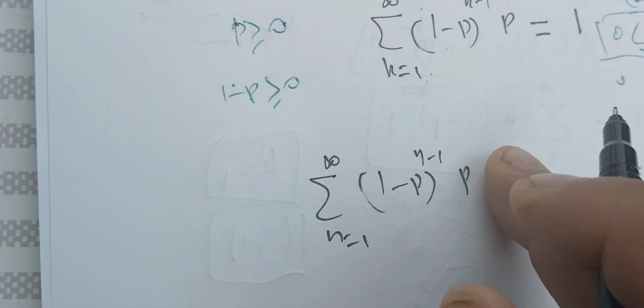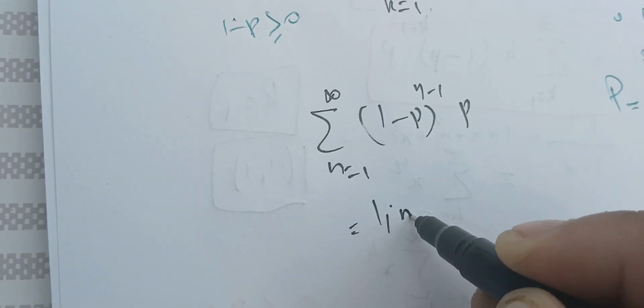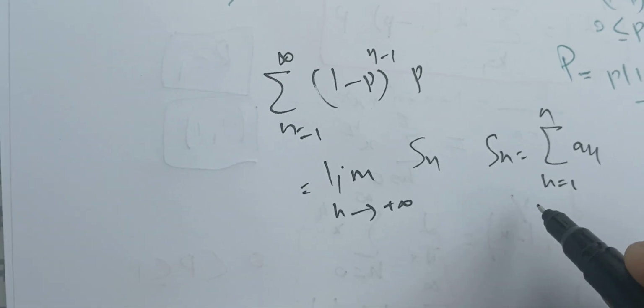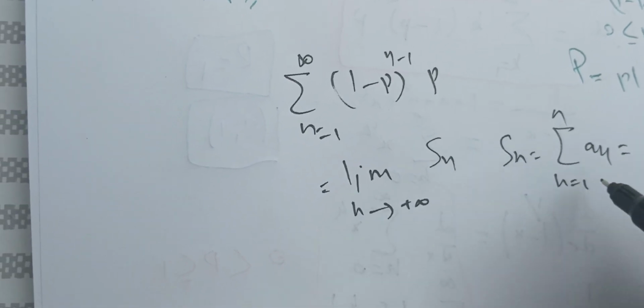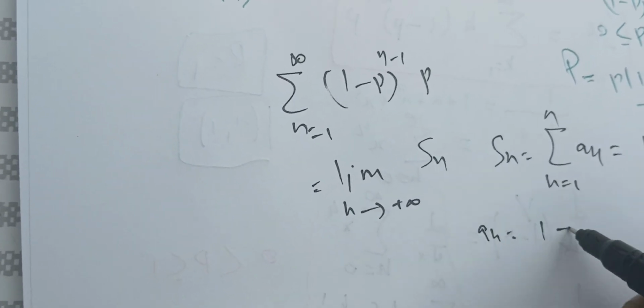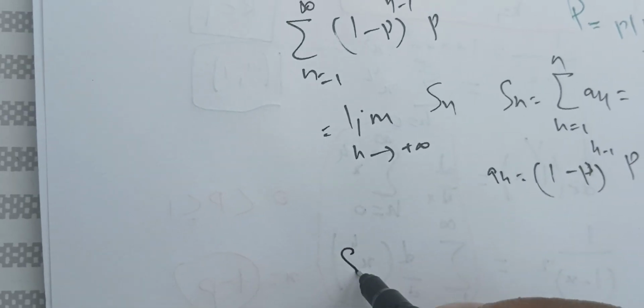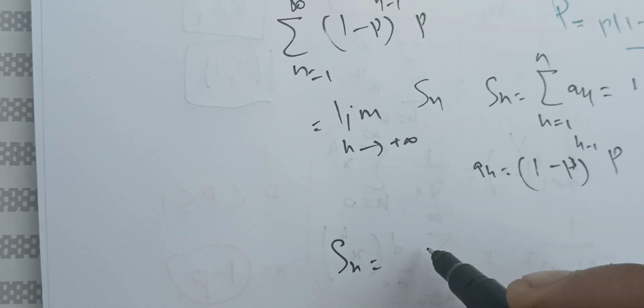By definition this is the limit as n goes to infinity of S_n. What's S_n? S_n is the sum of the a_k, k going from 1 to n. In our case, a_k is (1 minus p) to the power k minus 1 times p, and therefore I have S_n as the sum of p times (1 minus p) to the power k minus 1, where k is going from 1 to n.